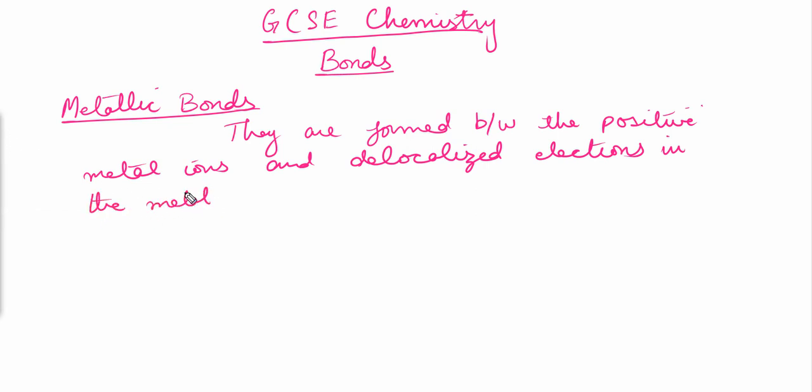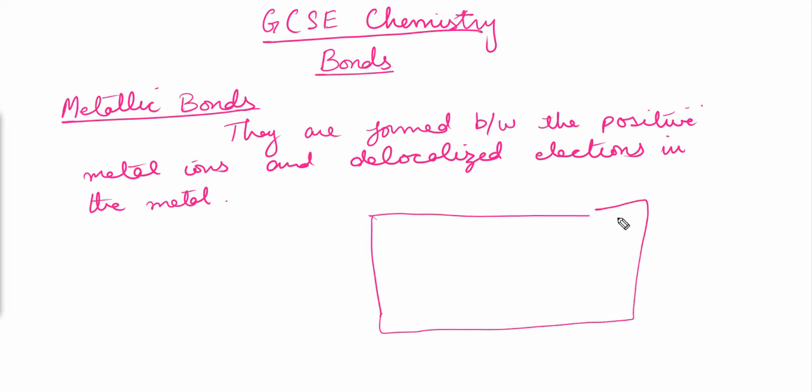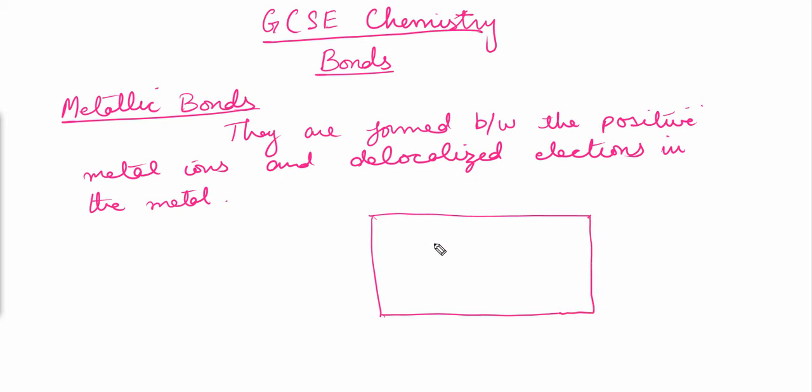So consider a metal like this. This is a piece of metal. It has the positive ions and the delocalized electrons. So the positive ions will be like this. These are the positive ions in the metal.